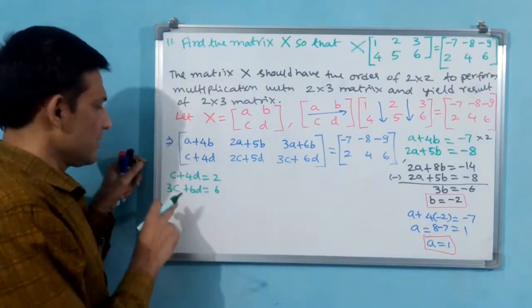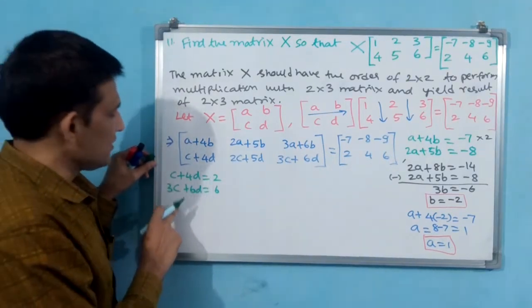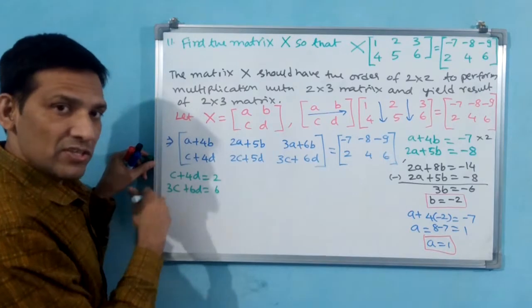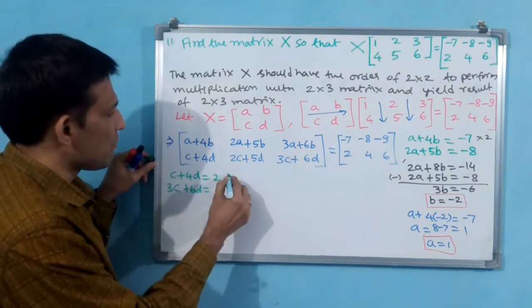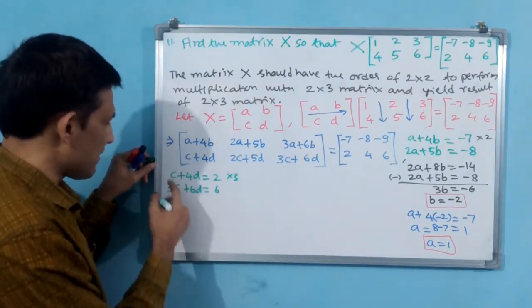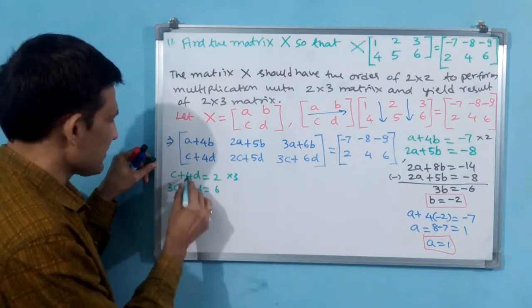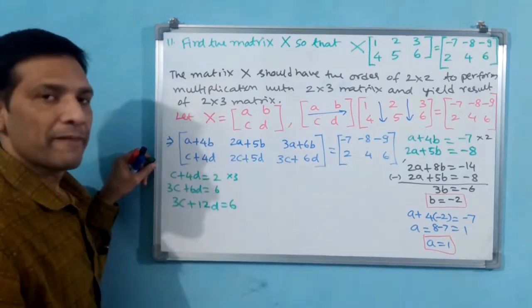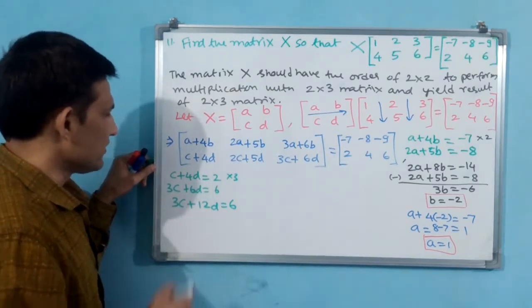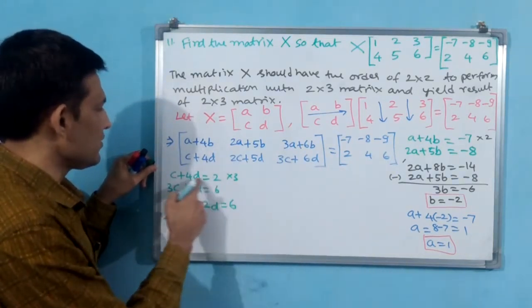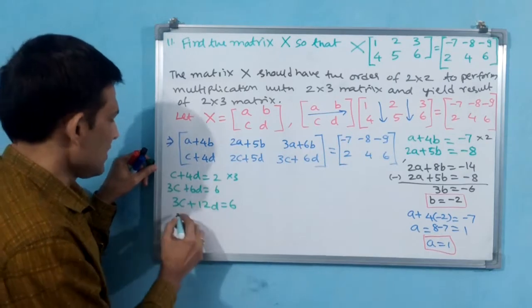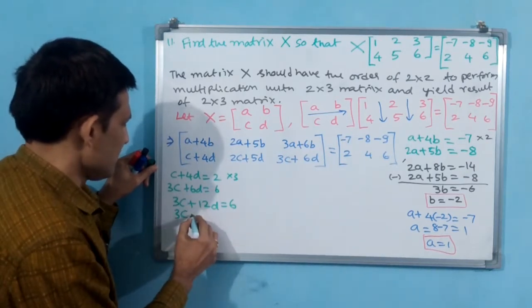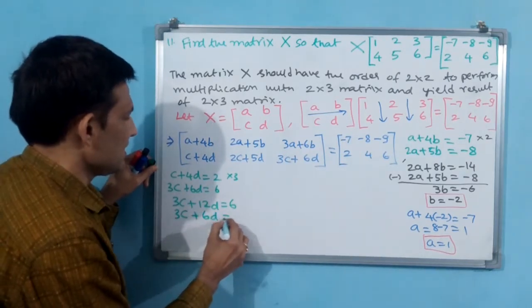I have to equate these two. Then C is going to get cancelled. I am multiplying by 3. If I multiply by 3, what will become? 3C plus 12D is equal to 6. Why? Because 3 into 1 is 3C, 3 into 4 is 12, 3 into 2 is 6. Now again write 3C plus 6D is equal to 6.